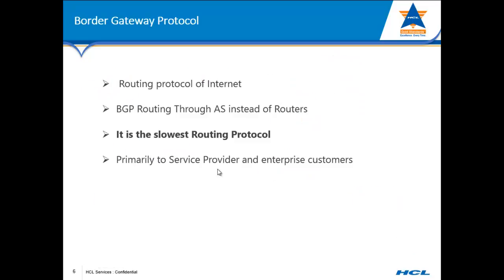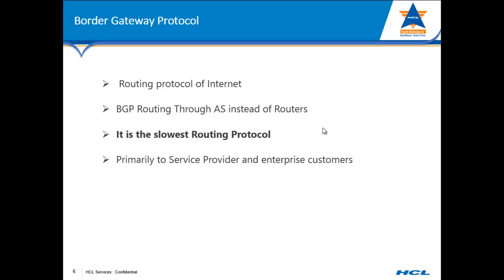And it is the slowest routing protocol. So we are all discussing the internet, and you are saying that this is the slowest routing protocol. How does that match? Let me tell you, with EIGRP or OSPF, two routers are connected and have a neighbor relationship, and every second or millisecond, packets are sent to check whether the neighbor is alive or not.